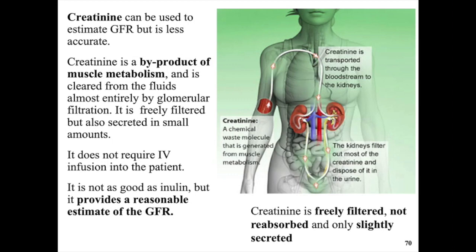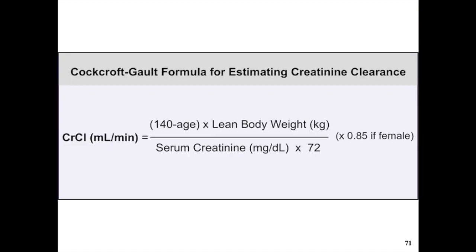There are many formulas to calculate the creatinine clearance, you don't need to know them, and you see one here for you to understand. It depends on the age, the biological sex, and the body weight, the lean body weight, so the amount of muscle mass.